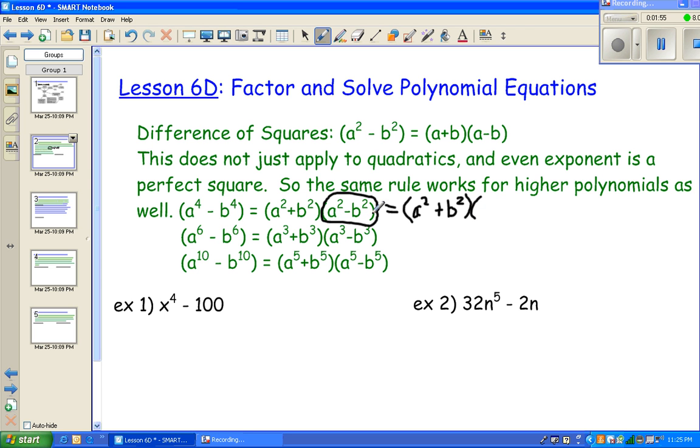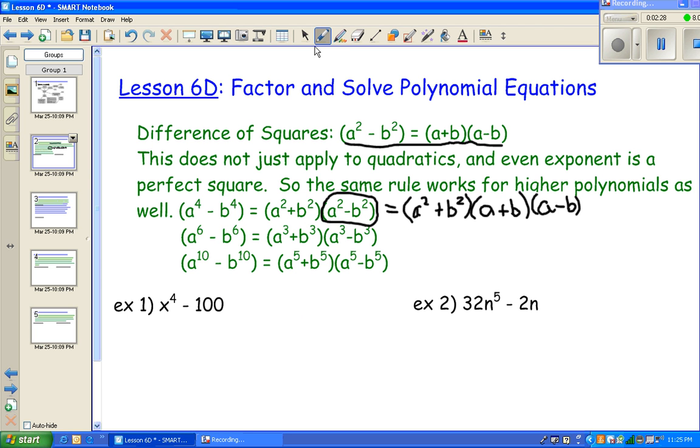But the a squared minus b squared factors, as noted up here, as a plus b times a minus b. So when you're doing these higher degree polynomials, you want to make sure that you have completely factored, that whatever method you use, you can't go back and use a different method with any one of the parentheses to break it down a little bit further.